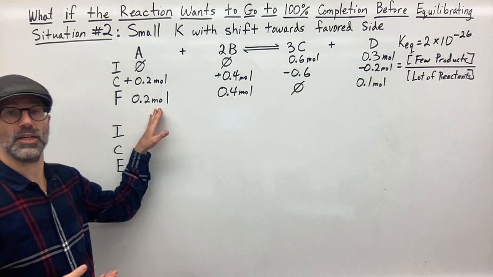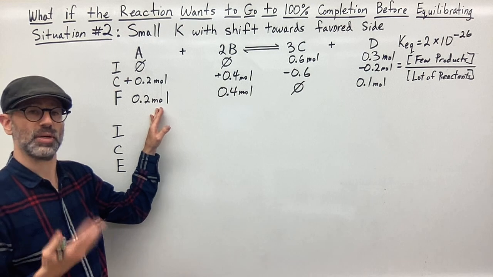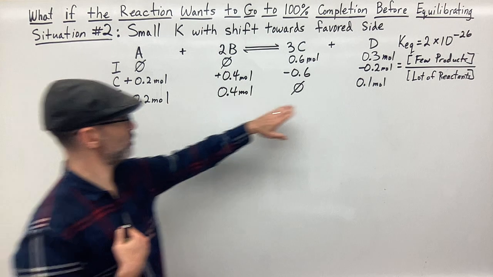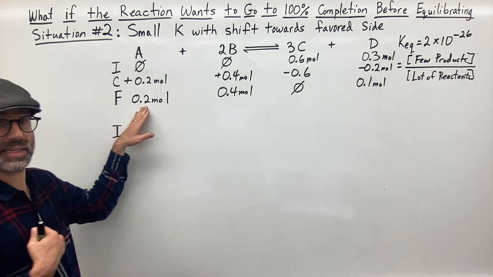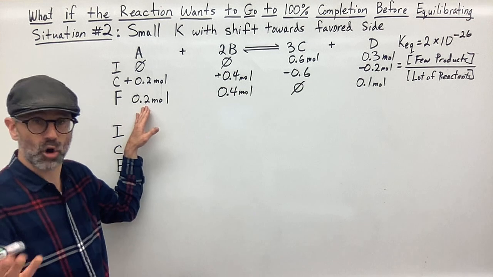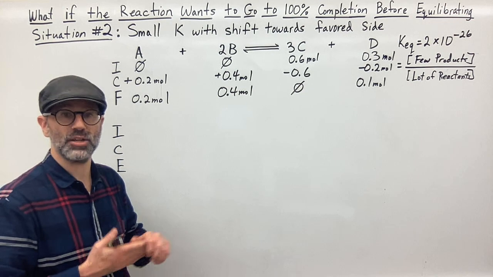So now I have to convert that back to molarity. Now for my problem, I'm assuming that I have 1 liter of solution. So the numbers of moles are all divided by 1 liter, which gives me the same number in molarity. For your problem, it might be 2 liters. It might be 1.5 liters of solution.